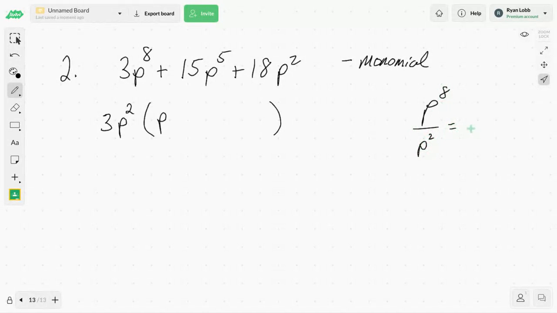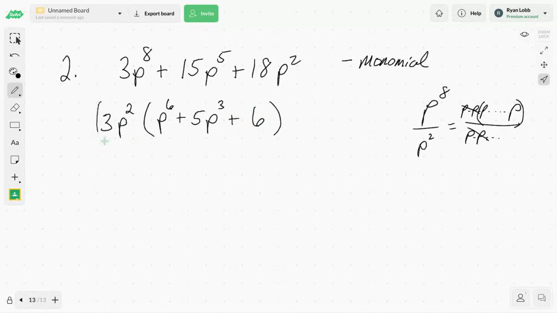That's not going to be p to the 4th, right? This is what I have: p times p 8 times up top, 8 p's multiplied. Down here, I have only 2 of them. So 2 are gone, which leaves me with 6 p's multiplied. So p to the 6th plus 5p to the 3rd, and then plus 6.